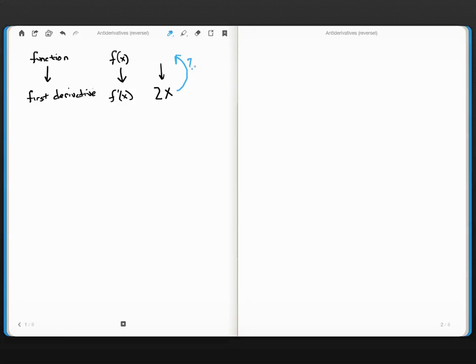Well, I know from my basic rules that the power always goes down by 1. So if it's to the first power here, it's probably squared up there. So it's x squared. Let's try that. If I take the derivative of x squared, sure, that gives me 2x. So that's the antiderivative.